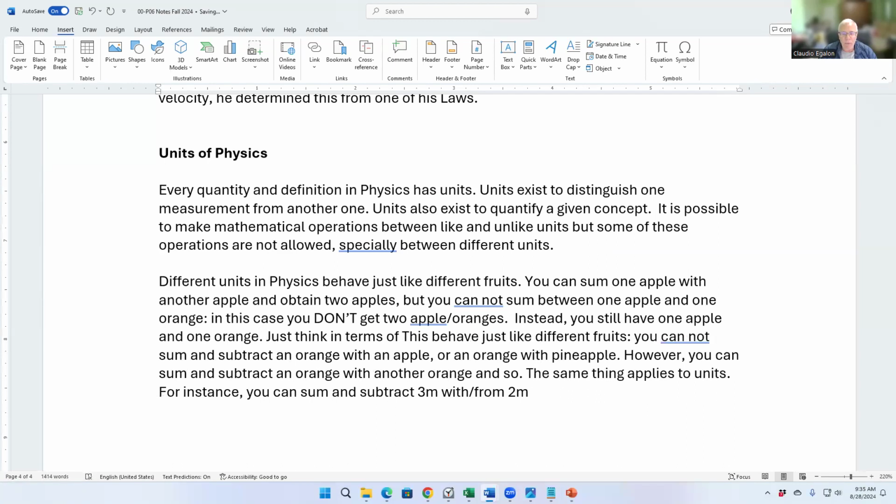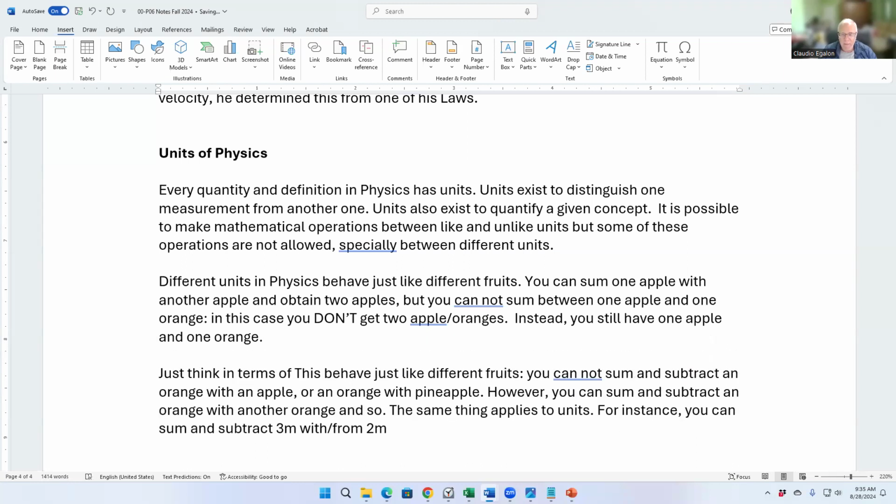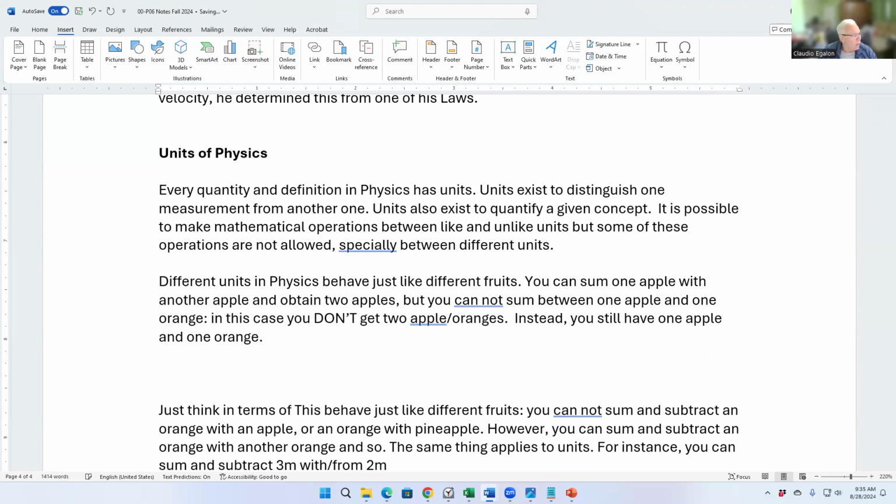The same thing applies to units. So let's look at an example.